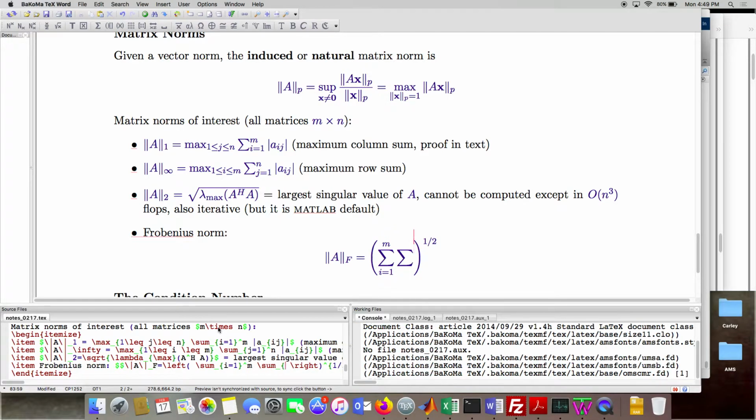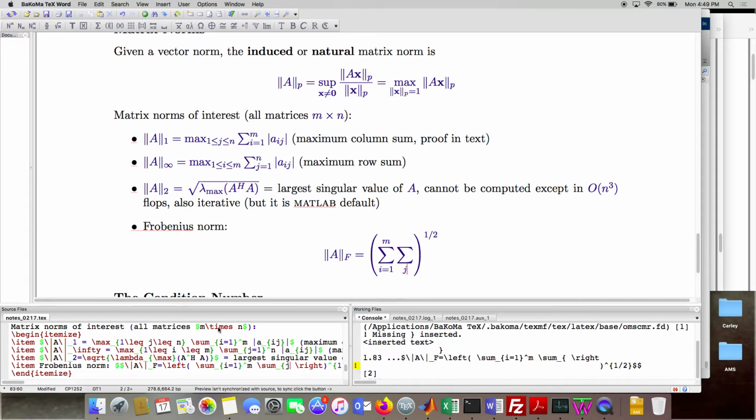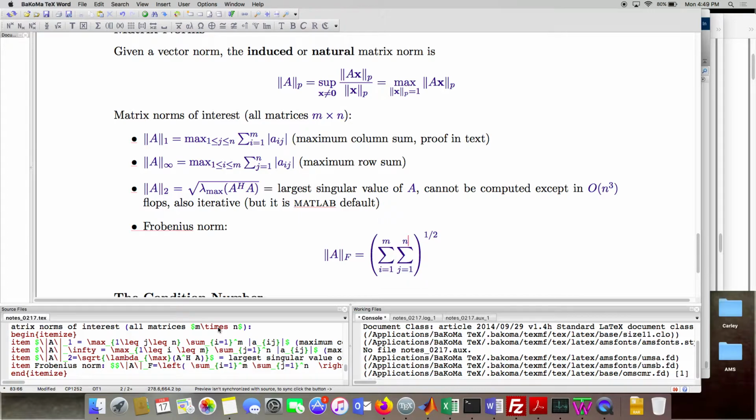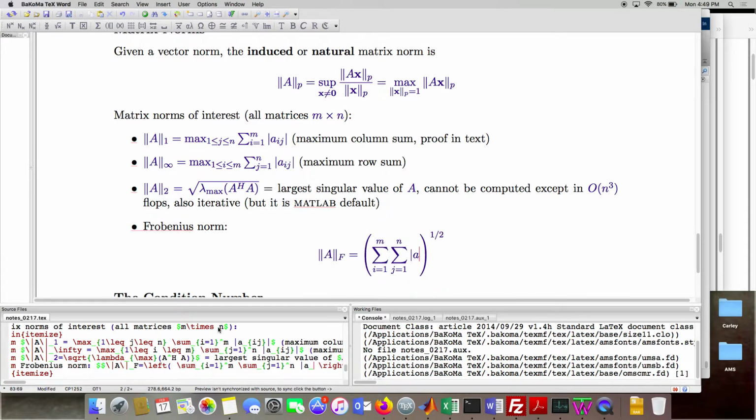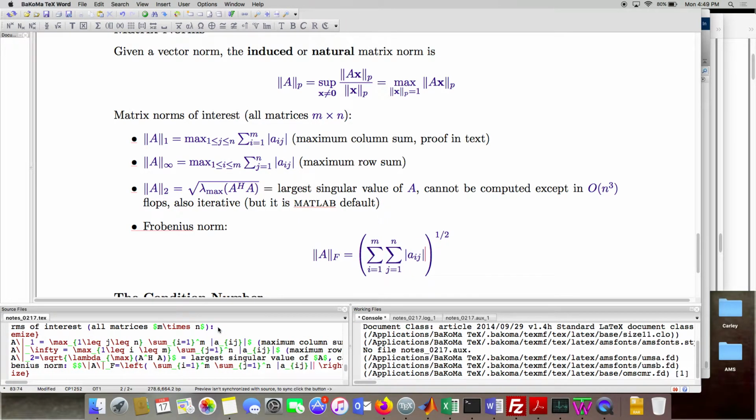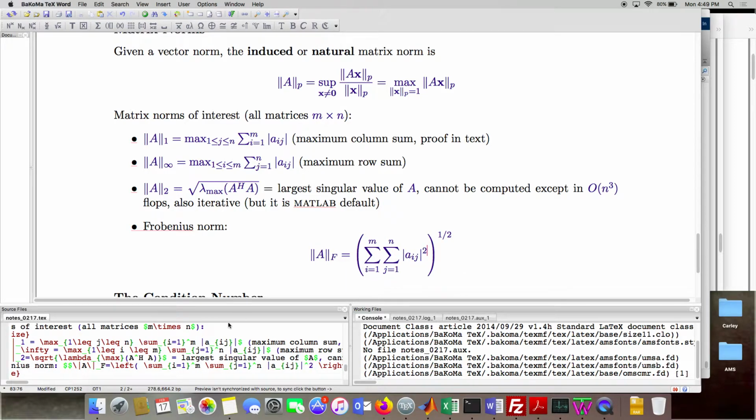You take the sum of squares of all the entries of the matrix and then take a square root. It's like if you took the matrix and flattened it out into a vector and then took the 2 norm of that vector.